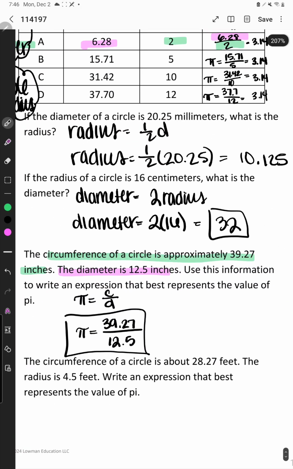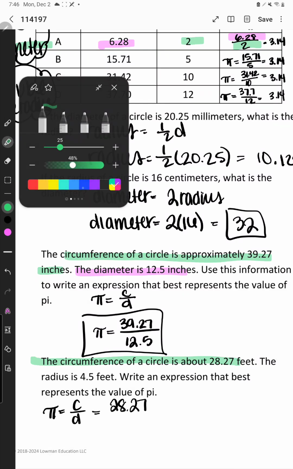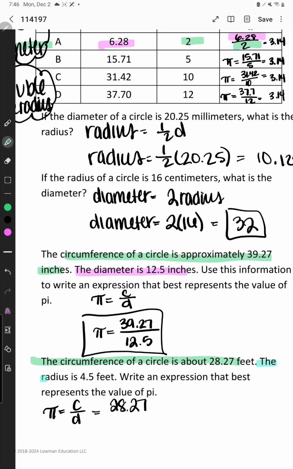And the last one says that the circumference of a circle is about 28.27 feet. The radius is 4.5 feet. Write an expression that best represents the value of pi. Okay, so we know that pi equals circumference divided by diameter. It tells us that our circumference is 28.27 feet. But then it doesn't tell us here about diameter. It tells us about radius.